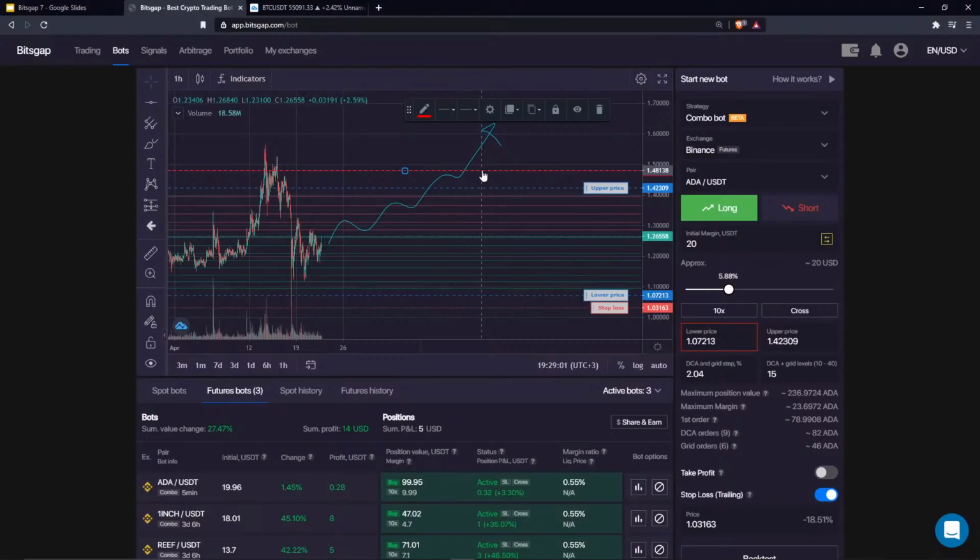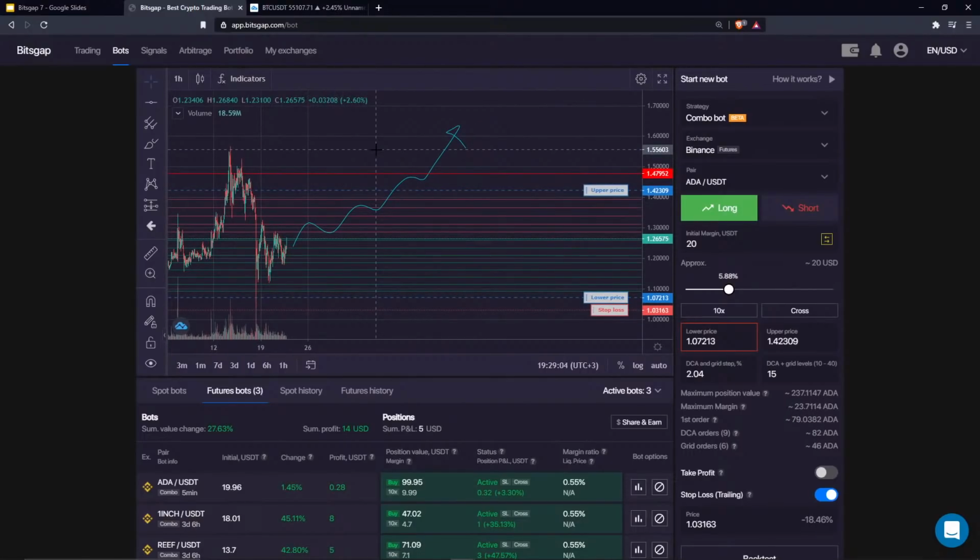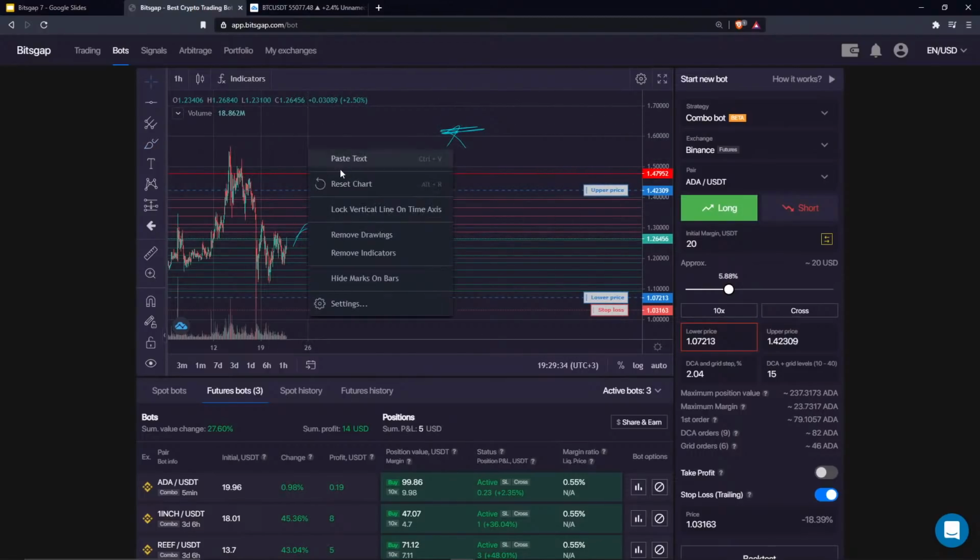So that's the cool thing about the trailing stop loss, that at some point, guys, it basically becomes your take profit, because throughout this area you generated some decent returns, and your stop loss has been following the price. If the price falls from this highest point, which is over here, then at least here your stop loss acts as a take profit, which is cool, because you can be away from your laptop.